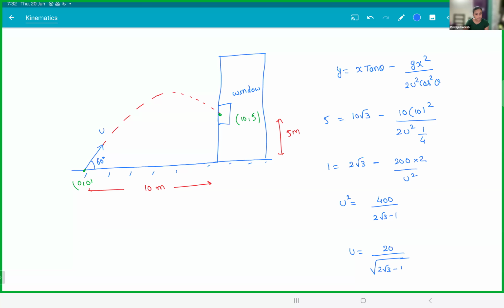Up positive, down negative. I don't care how the particle is going. In the vertical direction, the displacement is minus h. Minus h, the vertical velocity is 0, minus half g t1 square. So we get t1 is equal to root 2h by g. It's a good formula to remember, but remember, valid only if you throw horizontally from a building.